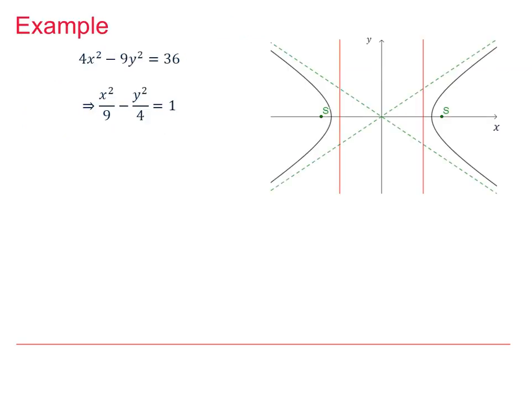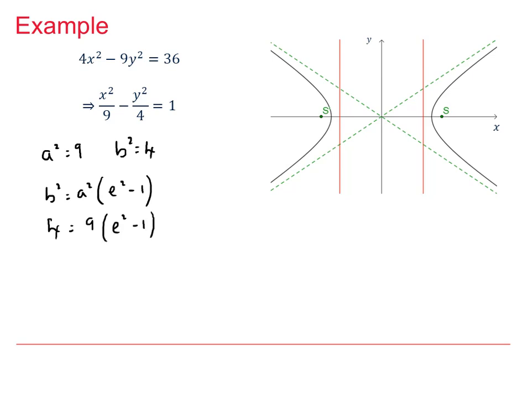So here it is, we've divided through by 36, and we can see therefore that a squared is equal to 9 and b squared is equal to 4. So b squared equal to a squared (e squared minus 1) means that 4 must be equal to 9 (e squared minus 1).